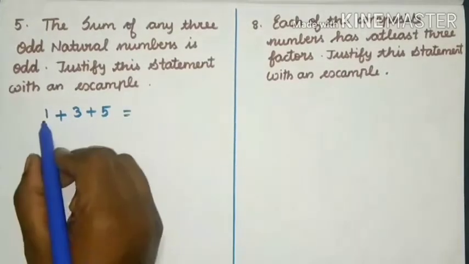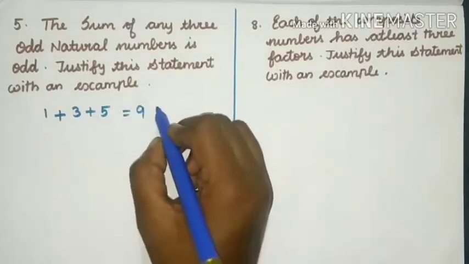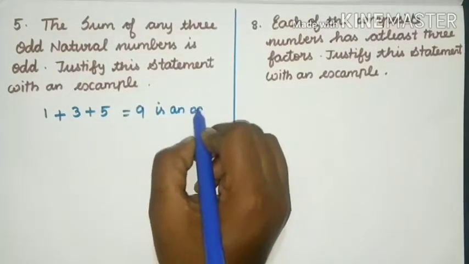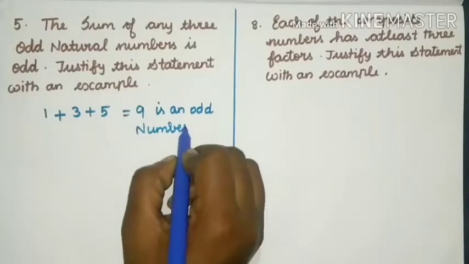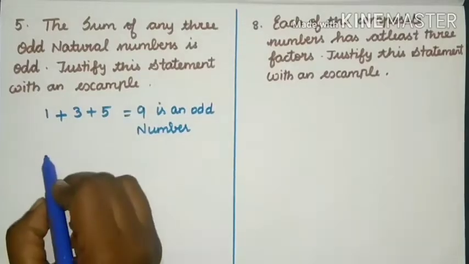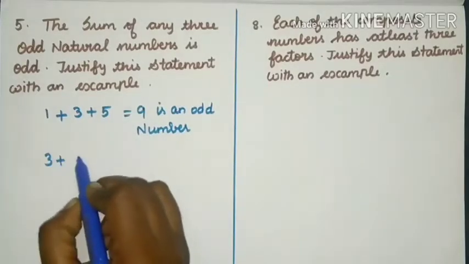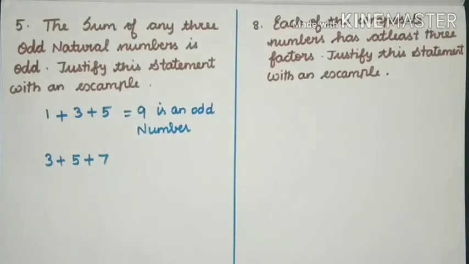Let's find 1 plus 3 equal to 4. 4 plus 5 equal to 9. 9 is an odd number. Let's find for another 3 odd numbers. See, 3 is an odd number, 5 is also an odd number, and 7 is also an odd number.